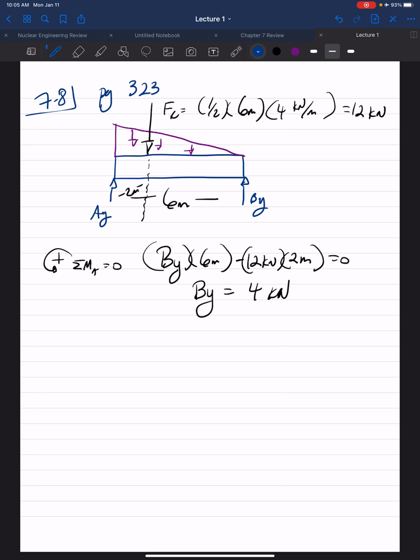So redrawing. You have your BY, which we know is now 4 kilonewtons. Now we solve for our new loading.